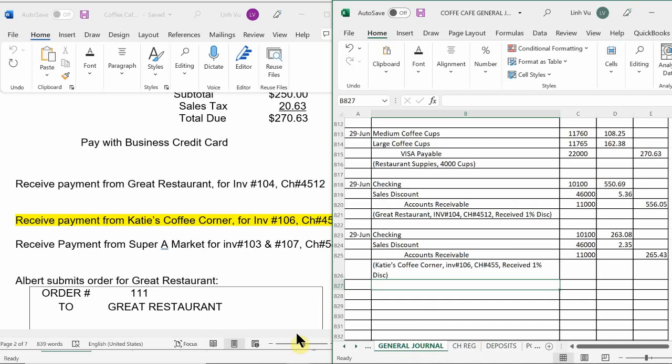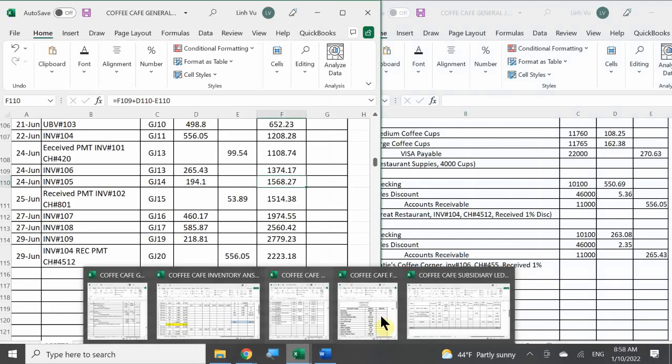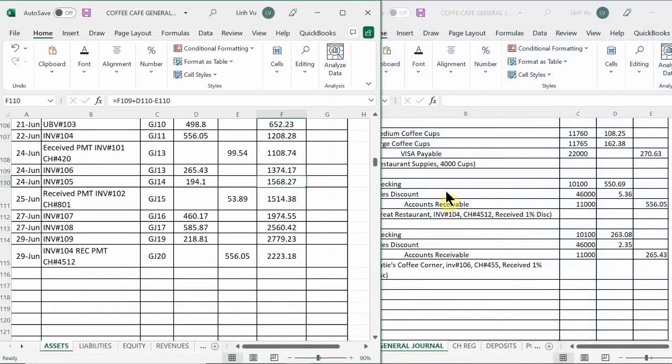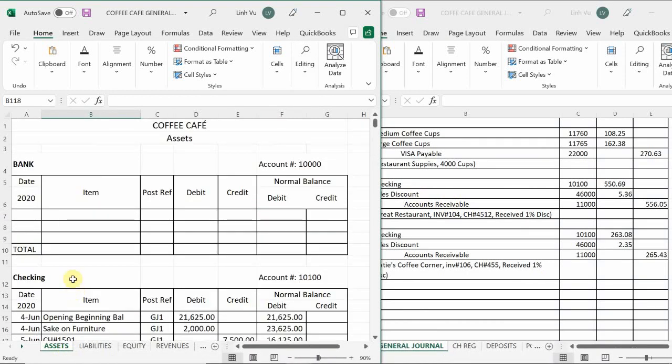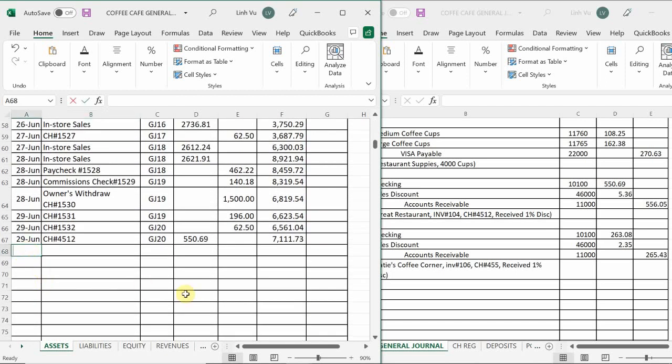All right, we already finished the subsidiary ledger, so what do we need to do? We go to the general ledger. Good. Starting with the first one, which is our checking account, for 263.08.